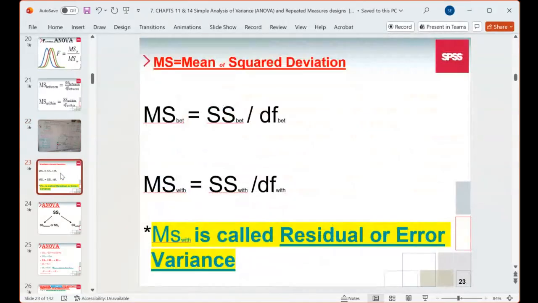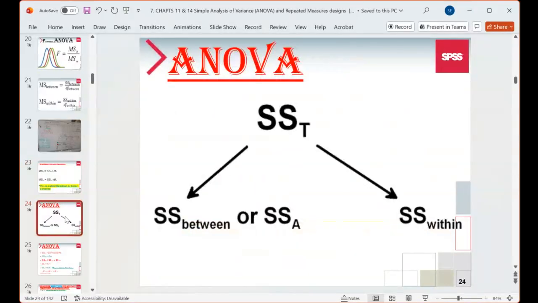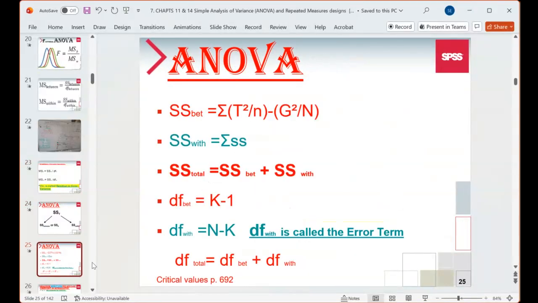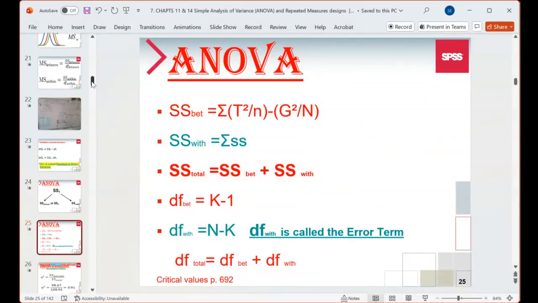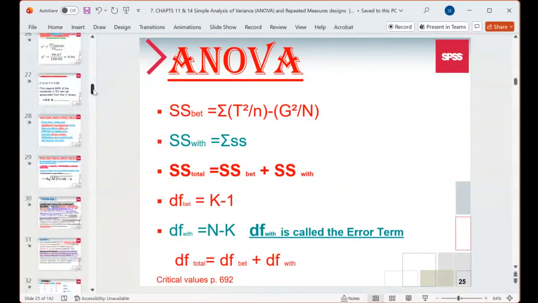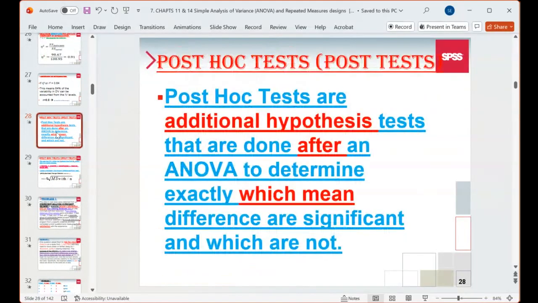So let's go over our practice. This is again all the formulas that I just showed you, and every one of them is written there too. You want to know more about the post hoc test?